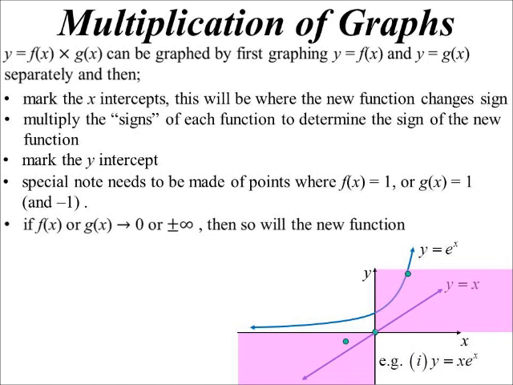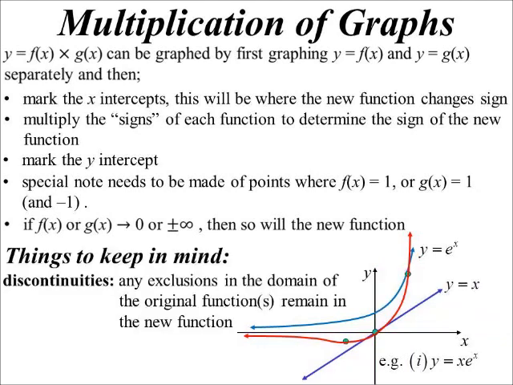That one will dominate. So whatever it's doing, the new graph will do. So our new graph will approach 0. And I get a little bit dodgy with my bump there. So we'll get something like that. It'll go through those points. It's going up to infinity, coming down to 0 on the left-hand side. Keep in mind, again, discontinuities can't magically reappear.